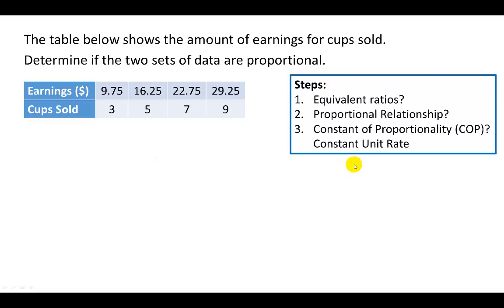First, we need to determine, do we want to have some amount of earnings per cup sold, or are we more interested in some amount of cups sold per dollar?